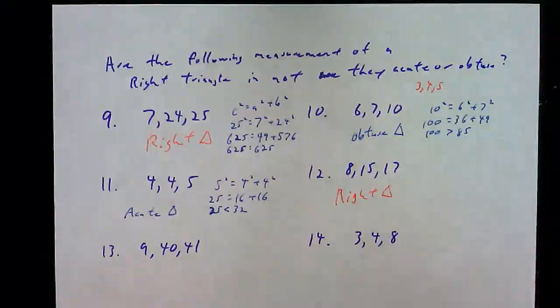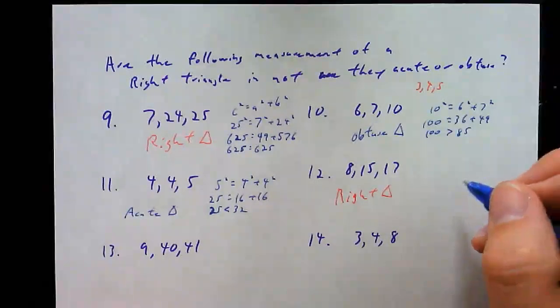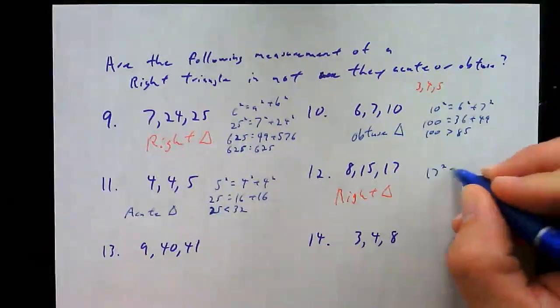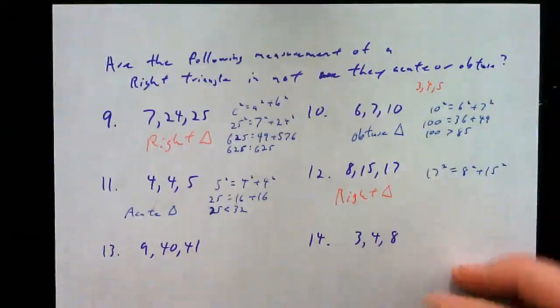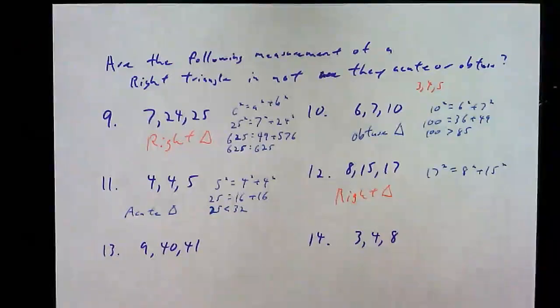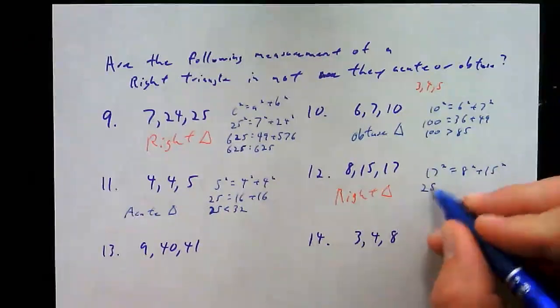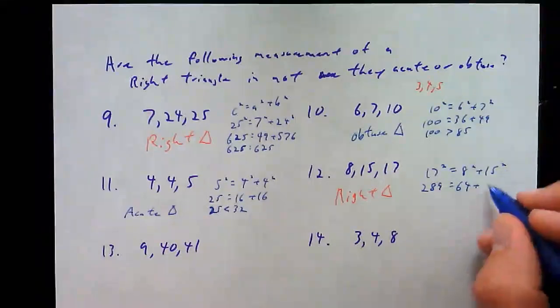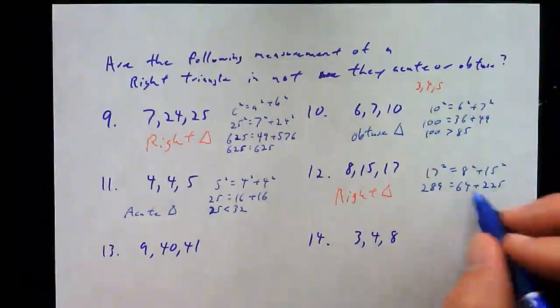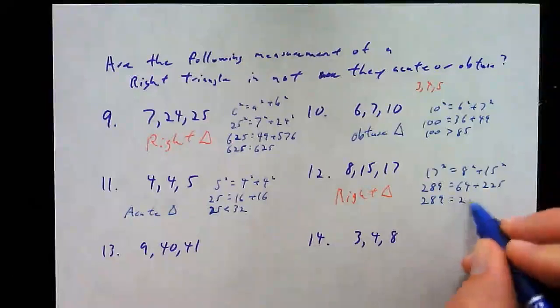If you didn't recognize it though, you could have used the Pythagorean theorem to figure it out. So 17 squared is equal to 8 squared plus 15 squared. Showing work on that one, you have 17 squared is 289, 8 squared is 64, 15 squared is 225. Add those two together, and you do get 289.